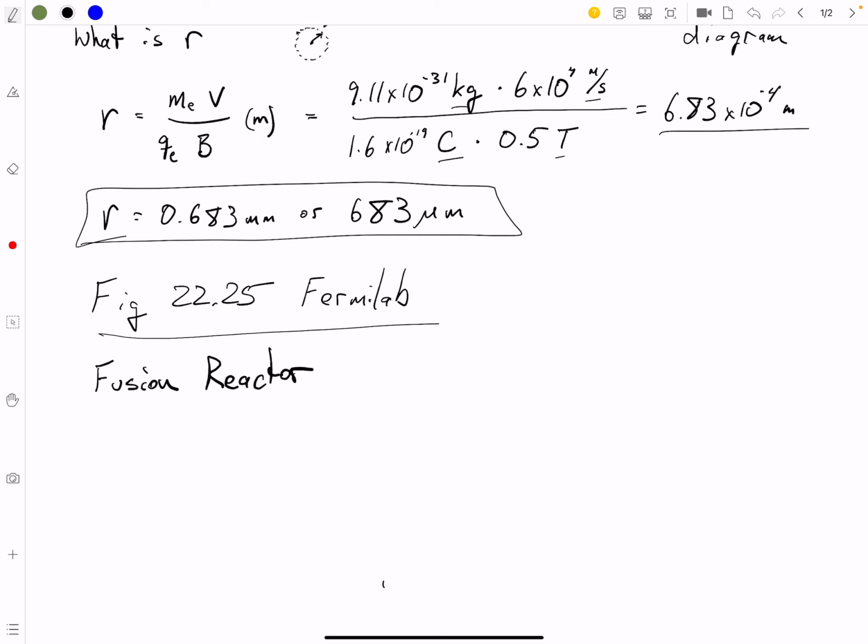A fusion reactor is great. They try and hold the plasma in a torus. It's hard to draw a torus. Imagine a donut. I'm trying to draw a donut.